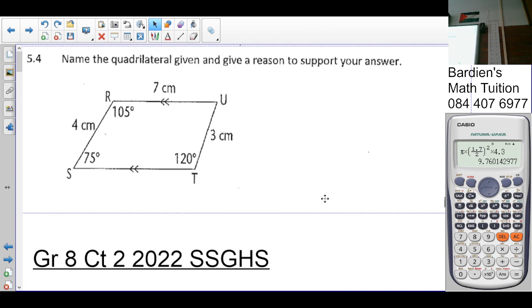The next one. Name the quadrilateral given and give a reason to support your answer. So what do we see here? We have one pair of parallel lines. So what type of shape is this? Trapezium.